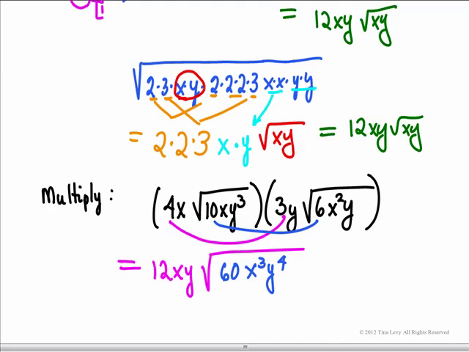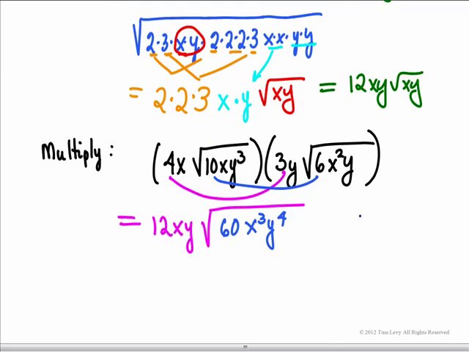So now we have to simplify the 60 x cubed y to the 4th. The factors of 60, 2 goes into that 30, 2 goes into that 15. Then we go to 3, 3 goes into that 5, and 5 goes into that 1.